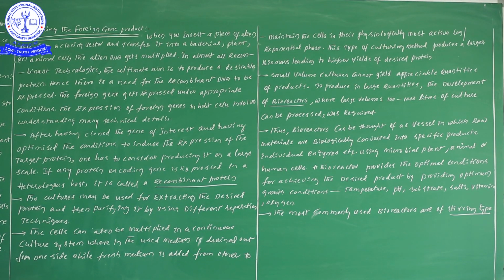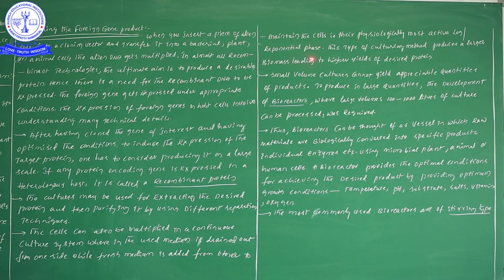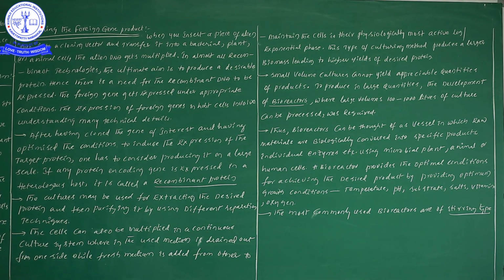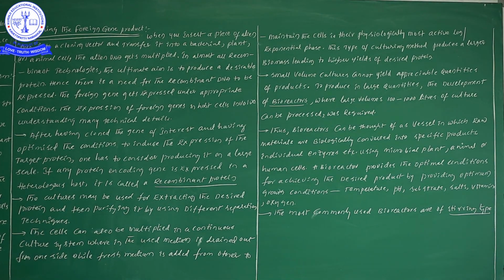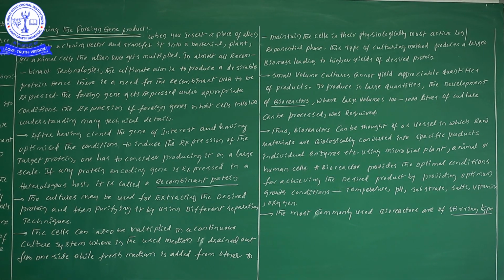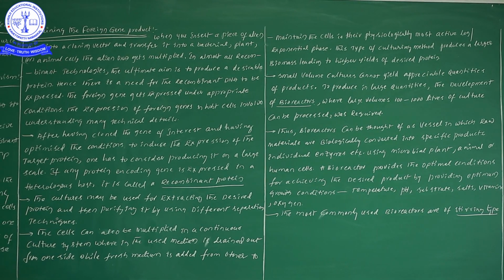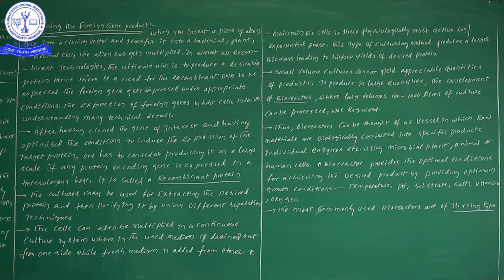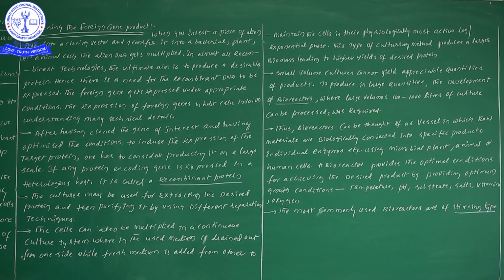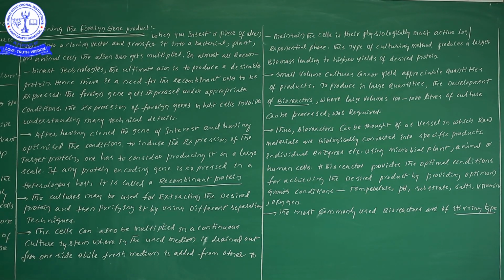Next one, maintaining the cells in their physiologically most active log exponential phase. In first year studies we already learned the sigmoid growth curve. Do you remember? In the plant growth and development lesson I gave information on the sigmoid growth curve, with three stages: lag, log and stationary.